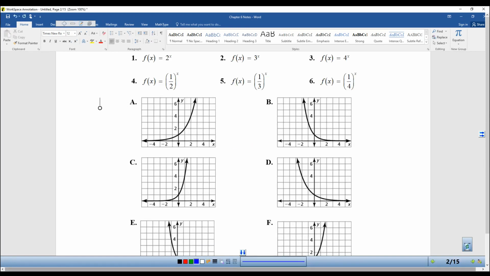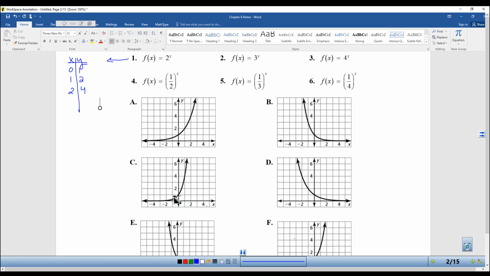So whenever I get a graph of something that I don't recognize, my first step is to make a table. So for number 1, I say x is 0. Anything to the 0 power is 1. X is 1. 2 to the first is 2. When x is 2, 2 squared is 4. So I can see that it's rising, which rules out e and d and b.